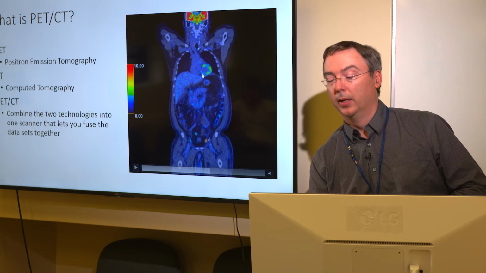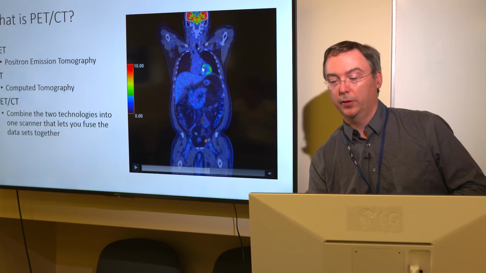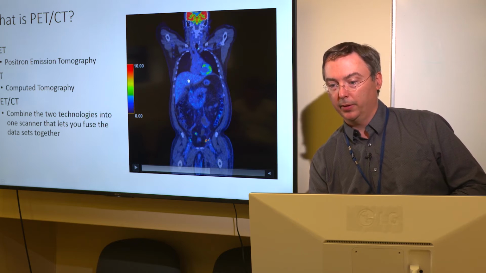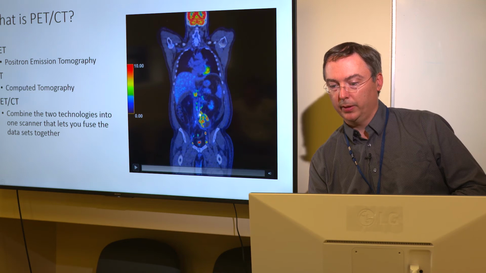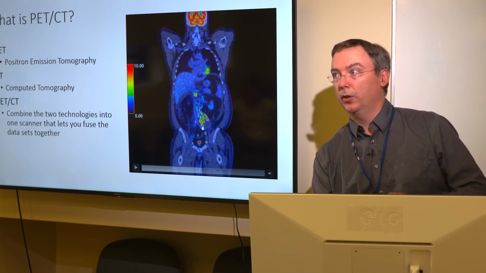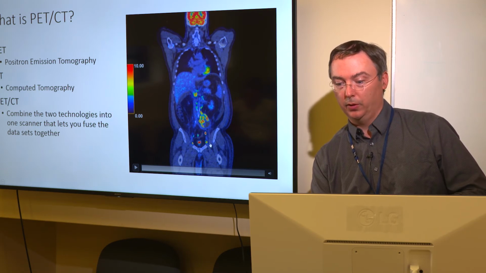So this is actually the muscle of the heart, and this is the blood inside the left ventricle, the pumping chamber of the heart. So you can actually see the difference between the muscle and the blood. The liver, you can see the anatomy, and you can also see a little bit of the sugar that it's using. And for that unfortunate thing in the pelvis and the abdomen, you can see the lesion on the CT scan, and you can see that it matches up exactly with where the sugar is being used.